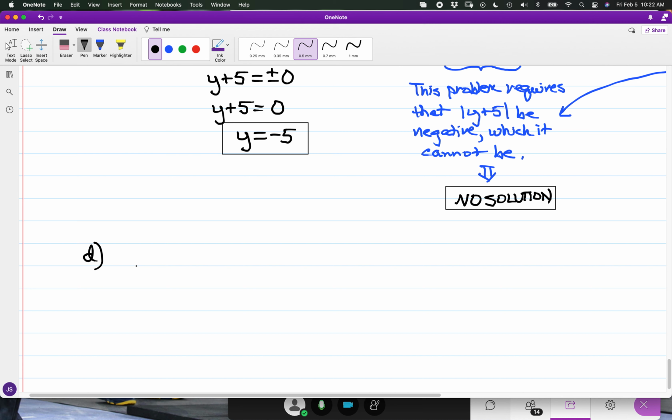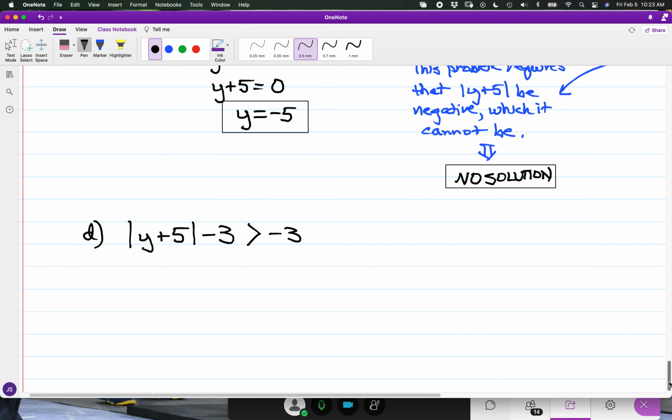So you have the absolute value of y plus 5 minus 3 is greater than negative 3. So I'm getting the absolute value of y plus 5 by itself again upon adding 3 to both sides.